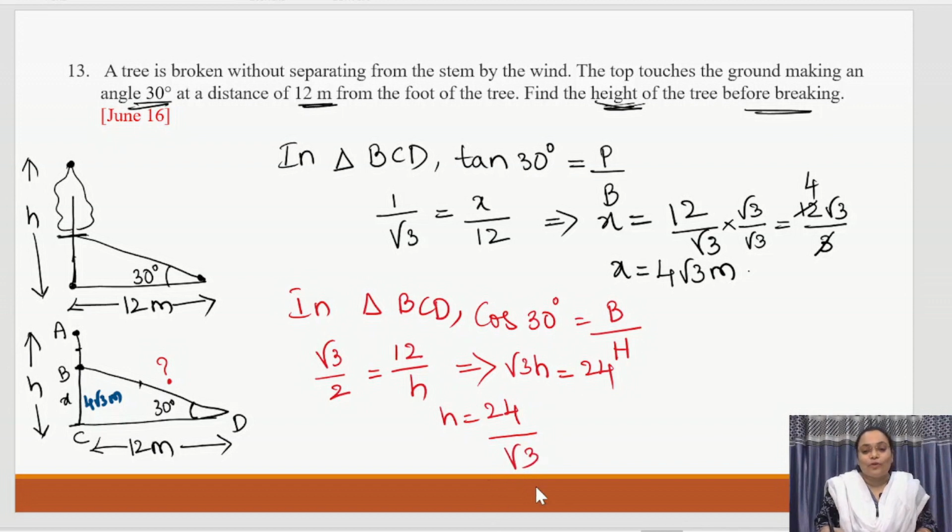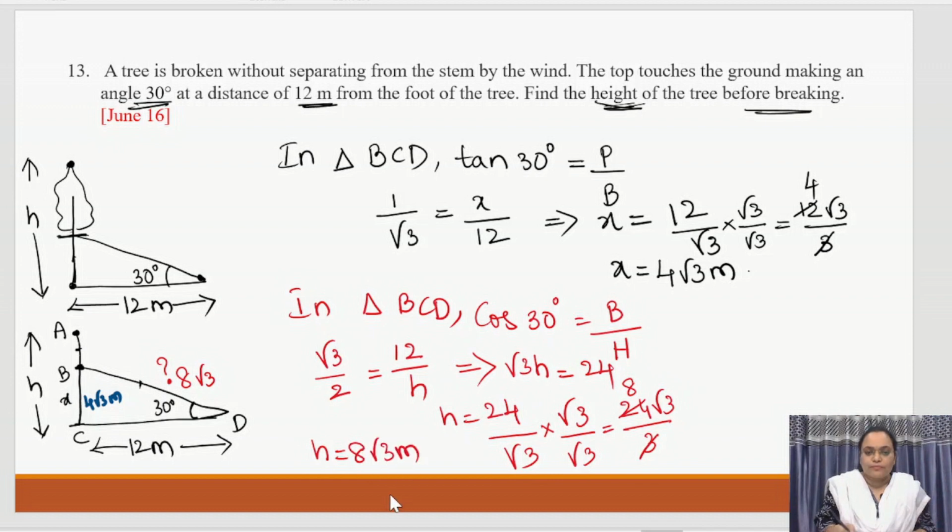Root 3 is in the denominator, so I can multiply and divide it with root 3. You will get 24 root 3 by 3. 3 eights are 24, which is 8 root 3. So h is equal to 8 root 3 meters.